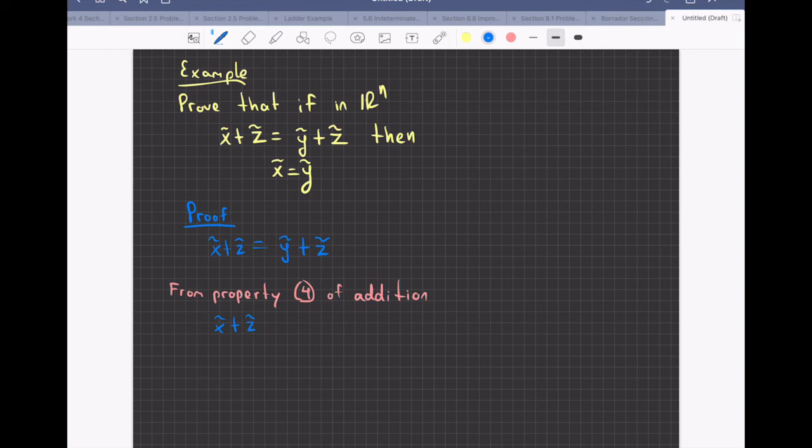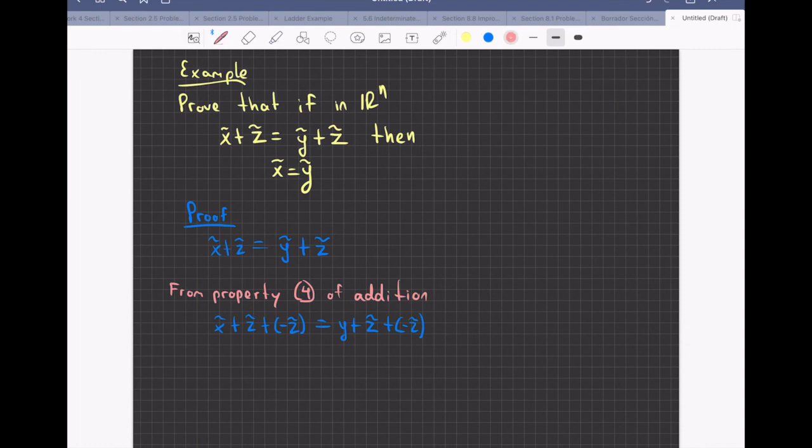I can add at both sides the inverse of c. So it will be x plus c plus negative c is equal to y plus c plus negative c. You see?